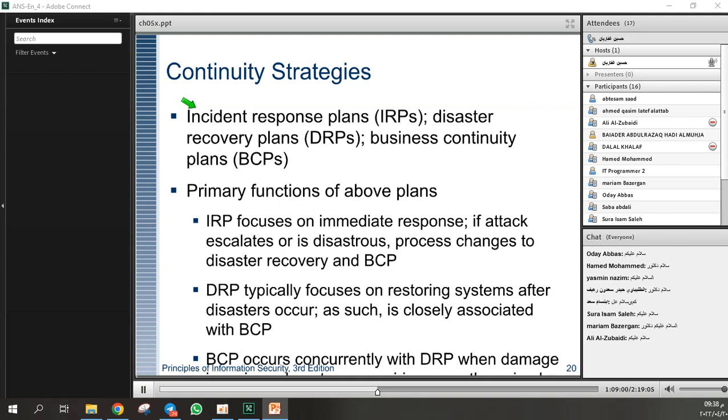How can I act against those forces of nature, those disasters? To act against them, we need to prepare three different plans: the incident response plan, the disaster recovery plan, and the business continuity plan. IRP, DRP, and BCP.